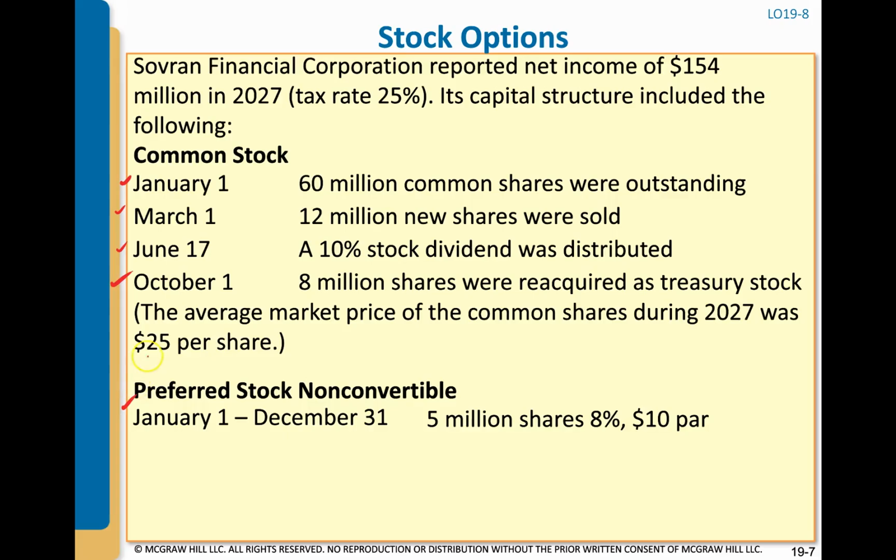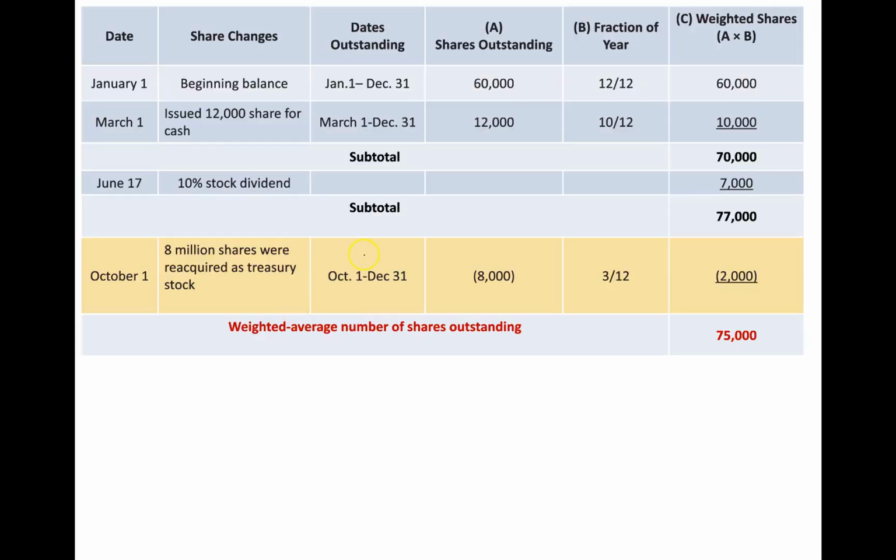Every single one of these transactions is covered in the video for basic earnings per share, to see how we come up with the weighted average outstanding common shares. If you're not familiar with that, you have to go back, because this video assumes you already know how to do that. When we did that and took all those transactions into account, we got a weighted average number of shares of 75 million.